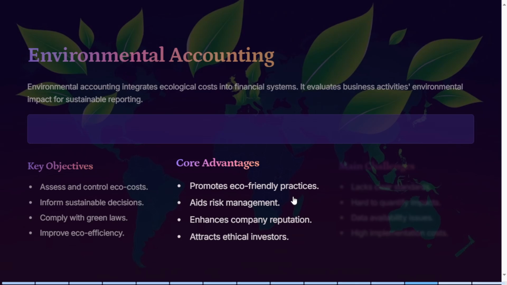Enhances company reputation: demonstrates corporate social responsibility, improving brand image and stakeholders' trust. Attracts ethical investors. ESG, environmental, social, governance investing is growing rapidly. Environmental accounting helps attract these investors.